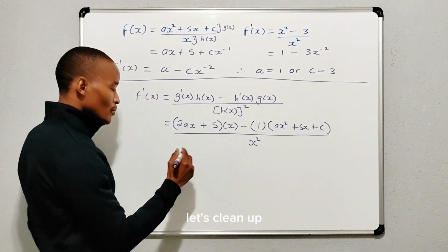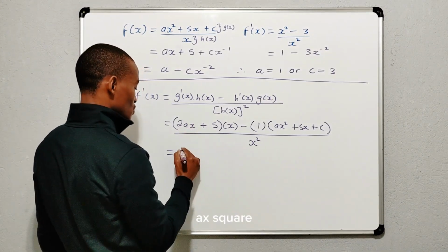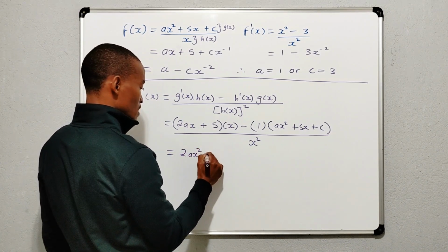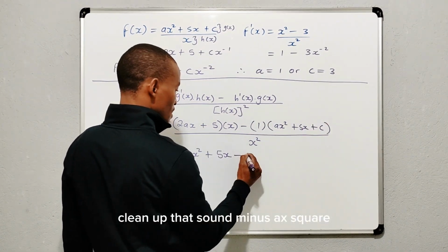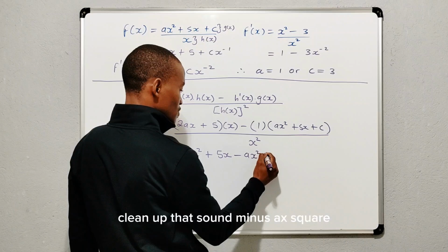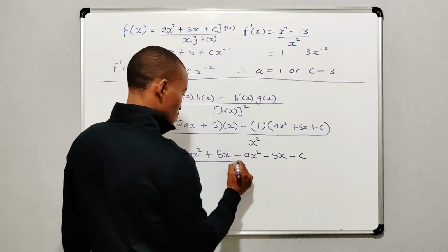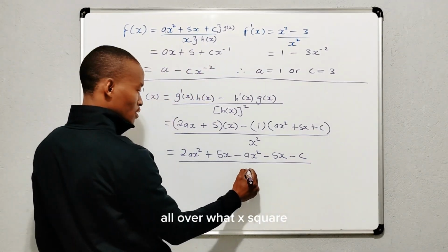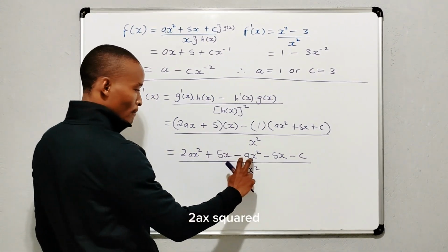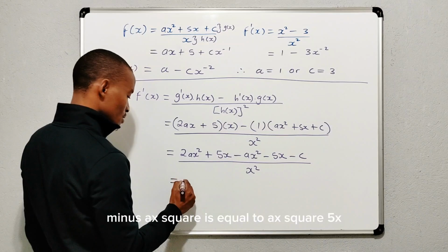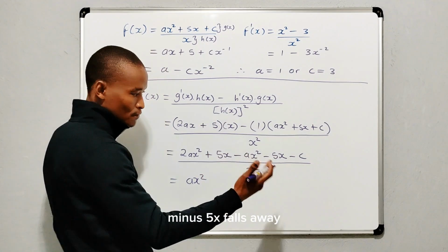Yes? Let's clean up. We're going to have 2ax squared plus 5x, minus ax squared minus 5x minus c, all over x squared. 2ax squared minus ax squared is equal to ax squared. 5x minus 5x falls away.